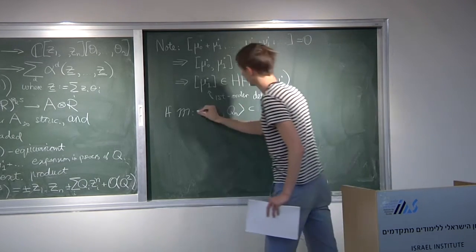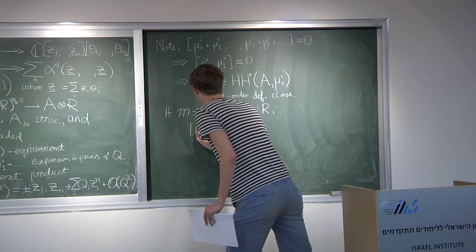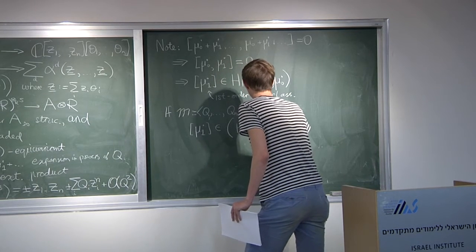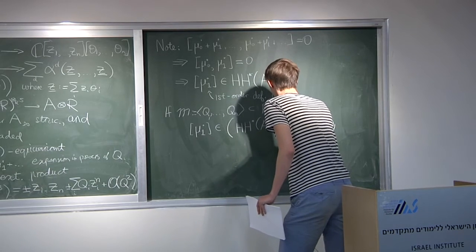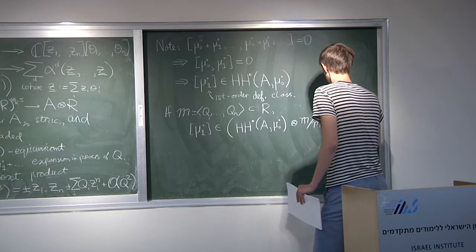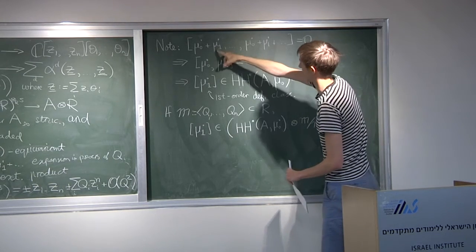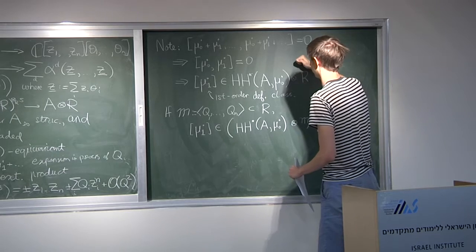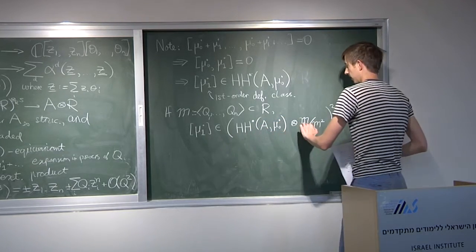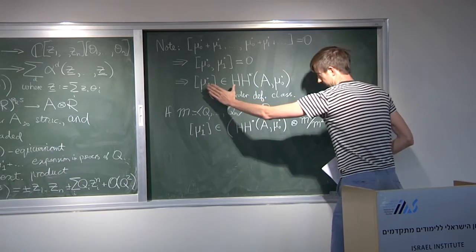So if m denotes the maximal ideal in R, really I should have written that mu 1 lives in the maximal ideal tensor A, and it's closed in Hochschild cohomology.